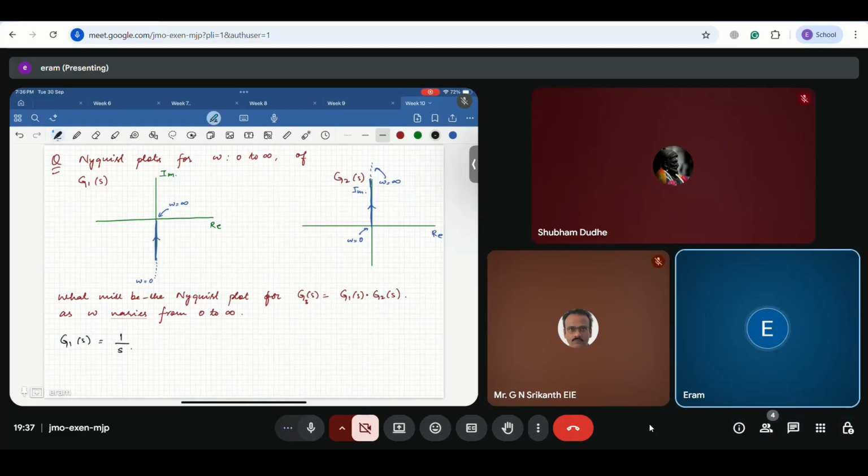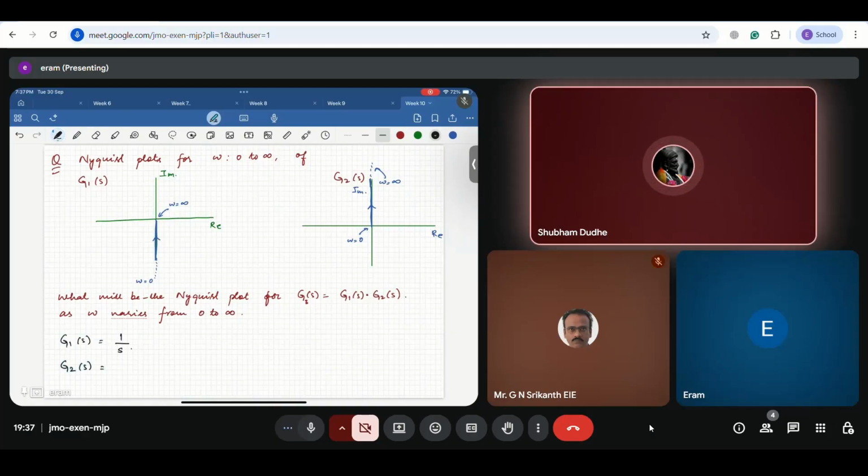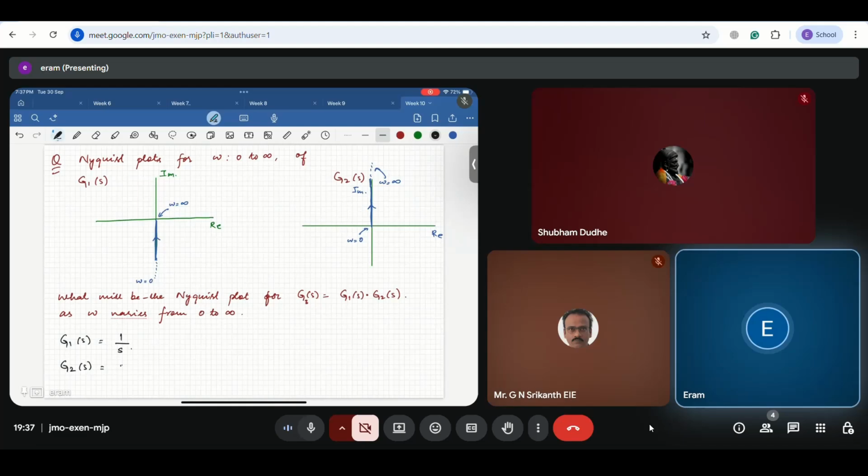And what is the transfer function of G2(s)? Nyquist of s. Simple, because for this the imaginary part is always negative, and for this the imaginary part is always positive for omega varying from 0 to infinity. From this you can also guess whose transfer function will be what. Now, there were options where different types of graphs were given.